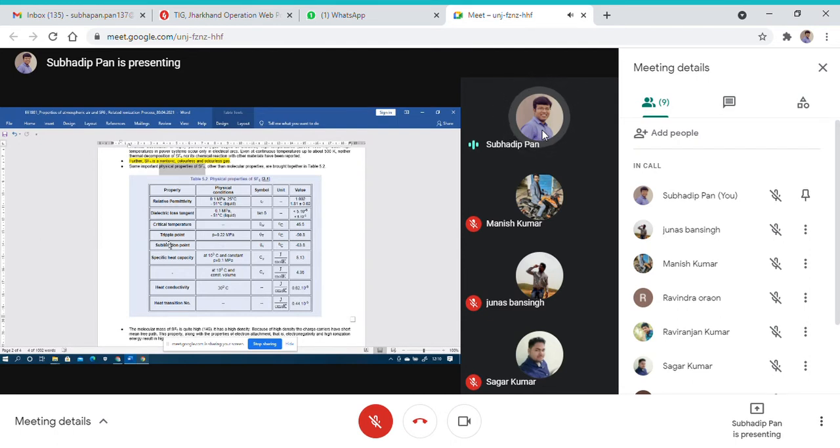We cannot show you a high voltage laboratory because we don't have one on our campus. But in the eastern region, only two institutes have a high voltage laboratory: one is IIT Kharagpur and the other is Jadavpur University, as I already told in the previous lecture.